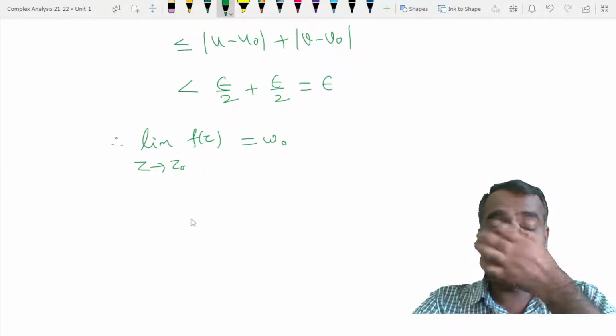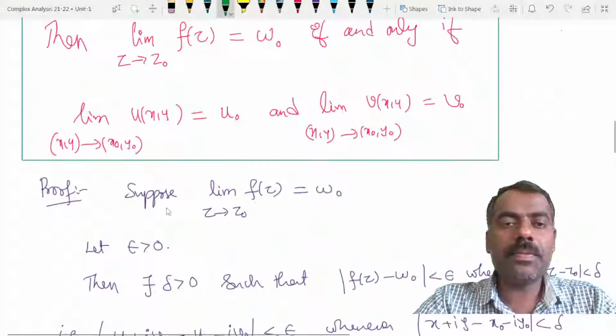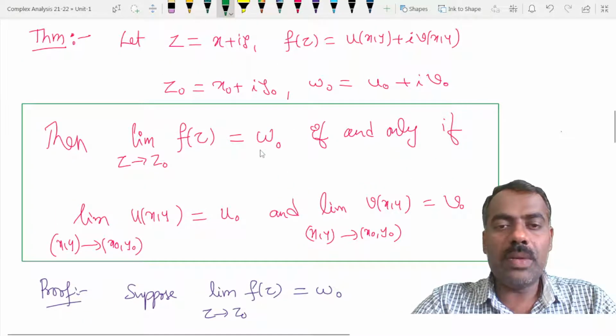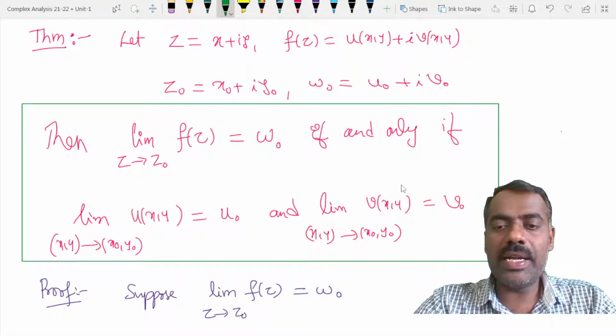So we have given a relation between f(z) tending to w naught in terms of u and v.